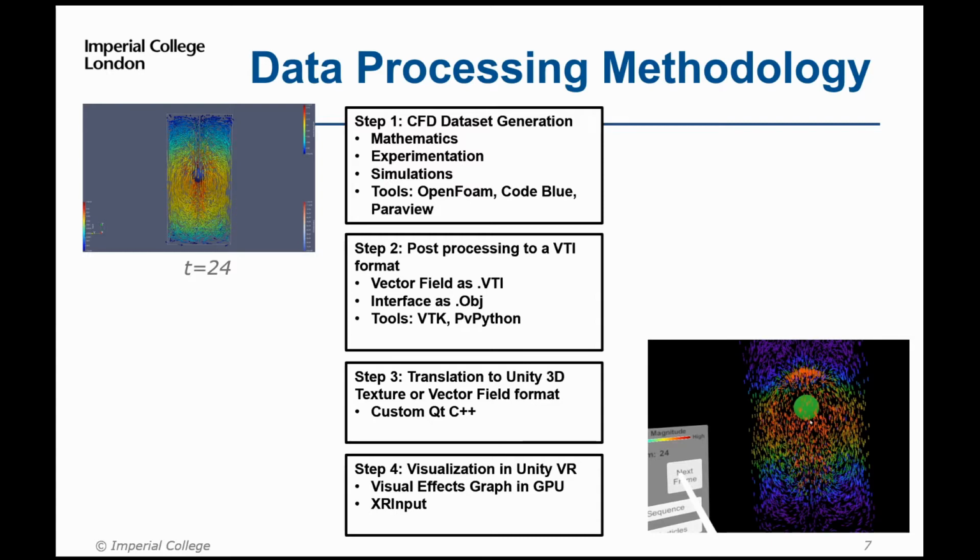We have utilized tools such as VTK and PVPython. The third step involves translation of VTI data to Unity native format, such as 3D texture or vector fields. For this, we have used custom C++ Qt codes. The last step is to visualize the data in Unity VR. We have used visual effects graph in GPU for rendering millions of particles and XR input for user interface control.